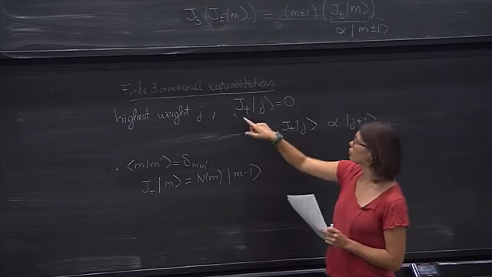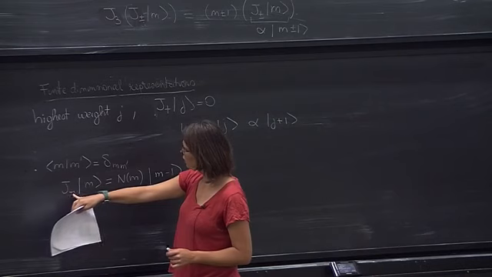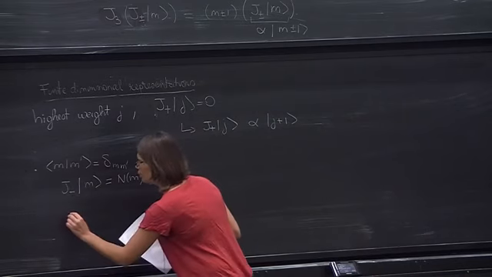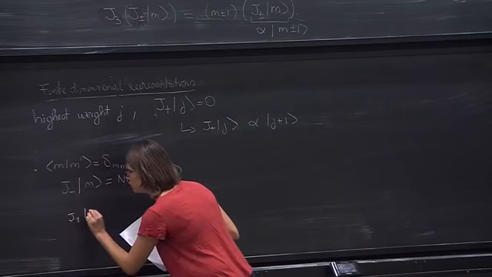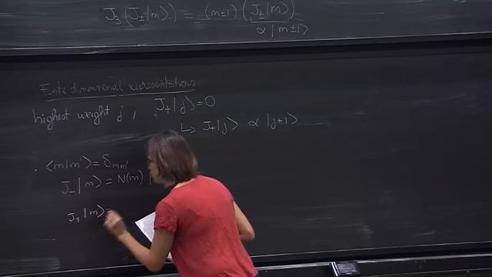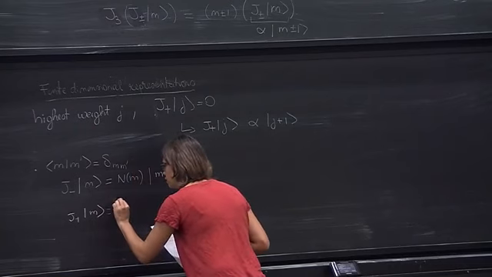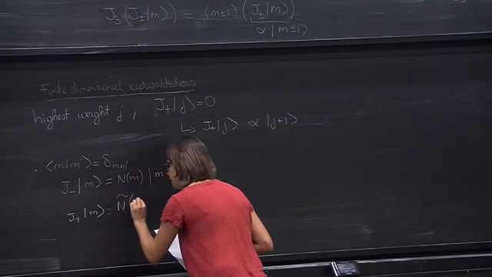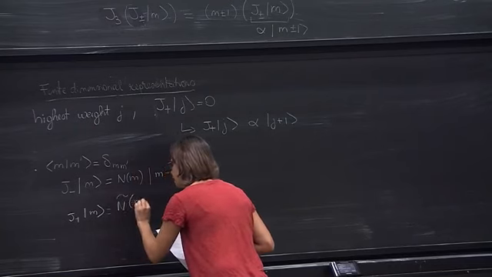Here the idea is to use the commutator between j plus and j minus, of course. But first we need to find if there is a relation between the coefficients. Is it a completely different coefficient here, this n, or do we have a relation between these two coefficients, okay?